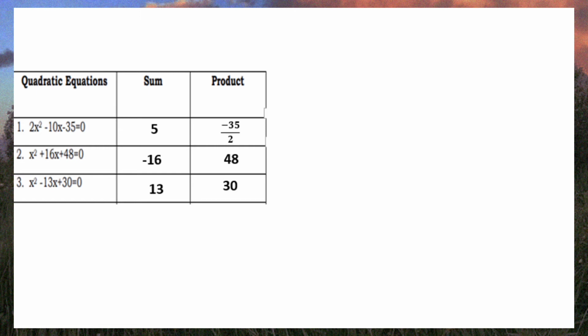Sum ng roots is 5 and the product is negative 35 over 2. So para ma-generate natin yung quadratic equation kapag ang given is sum and product of the roots, ganito lang gagawin natin. So ito yung pinaka-formula natin para ma-generate yung quadratic equation from the given sum of roots and product of roots. So x squared minus sum of roots x plus product of roots equals 0.